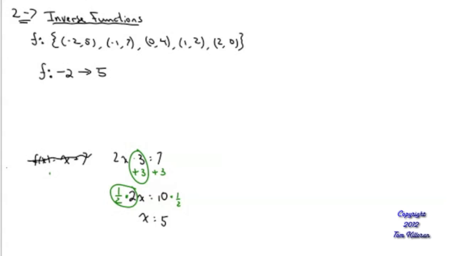Well, the same thing applies to functions. You can undo what a function does. For instance, f takes -2 to 5. To undo it, all I have to do is take 5 and bring it back to -2. What that does is just takes the domain and range and switches them. That's it. All right, so we're going to label this.